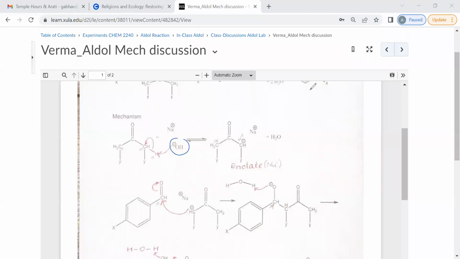The base abstracts the hydrogen from the alpha carbon. So the alpha hydrogen is abstracted and an enolate is generated. The "ene" word comes from the alkene and "oate" comes from the ester. There will be a resonance available here.